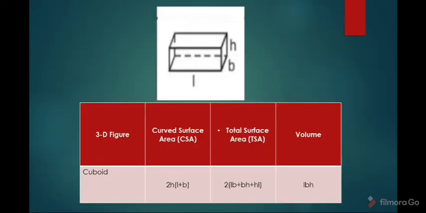So now we'll discuss the surface area, total surface area, curved surface area and volume of a cuboid. This one is the picture of a cuboid. The curved surface area of this cuboid is 2 into height into length plus breadth.